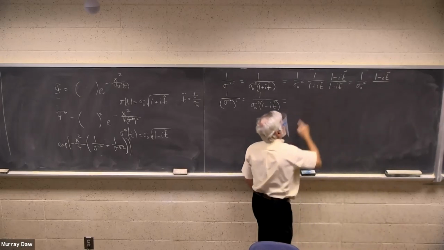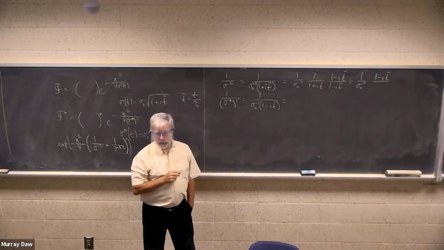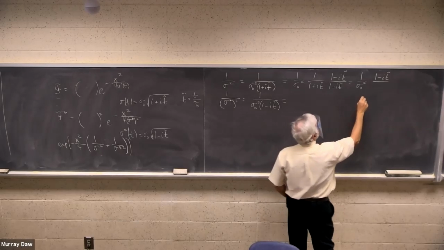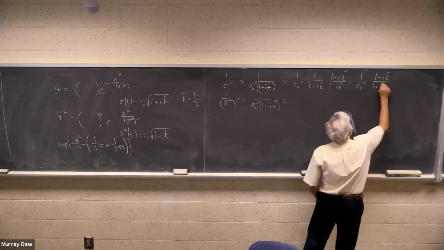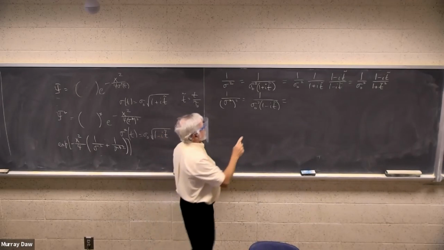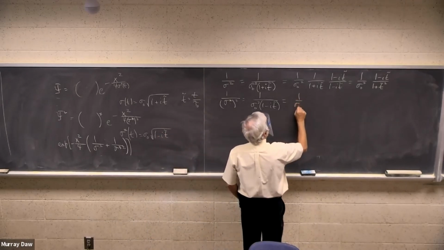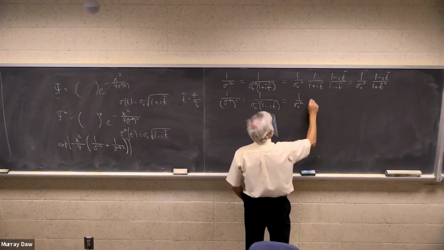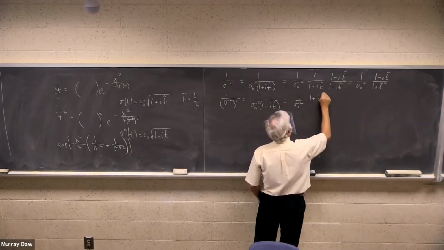Then you multiply that by its complex conjugate, so you get 1 plus tau tilde squared, the number multiplied by its complex conjugate. And this one is going to be the complex conjugate of that, so it's going to be 1 plus i tau tilde.